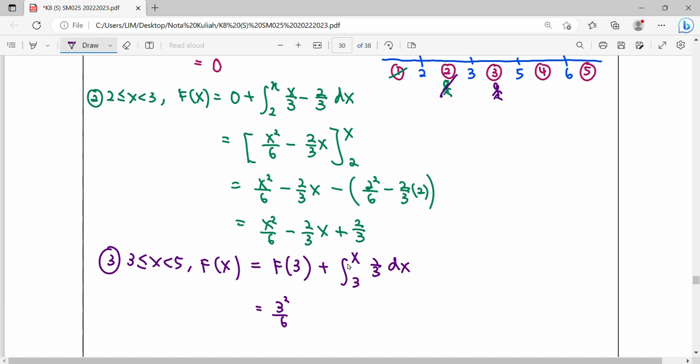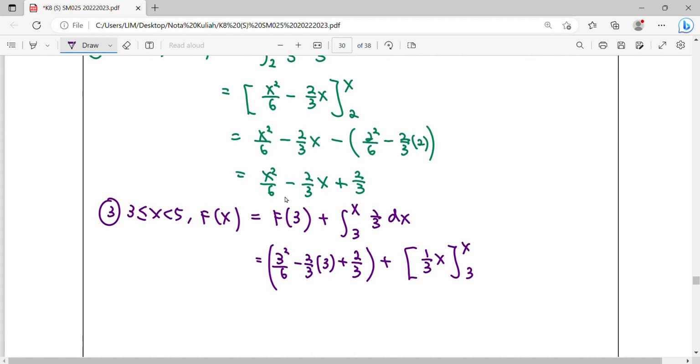F3 ni kita substitute kepada F besar yang sebelum ini. Okay, so this is F3. Currently integration, so integrate constant, we get x, upper limit x, lower limit 3. Then we simplify this. What is this?